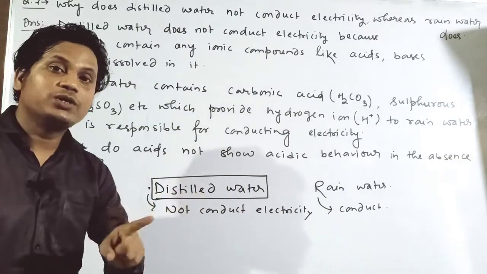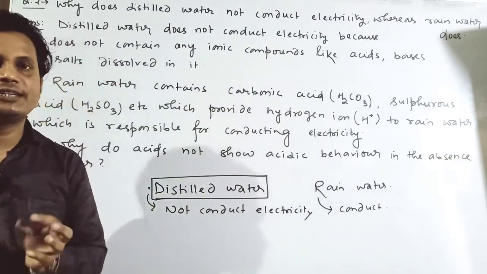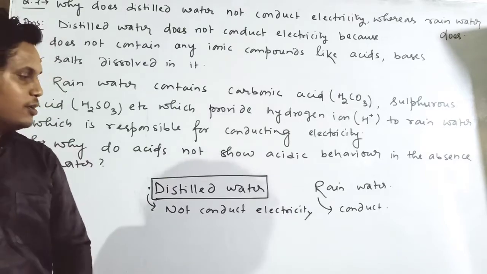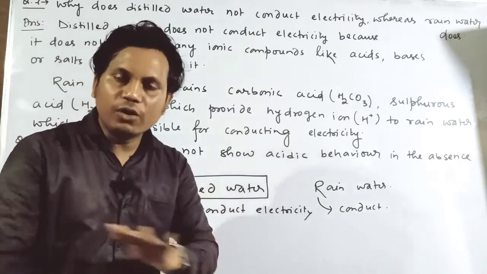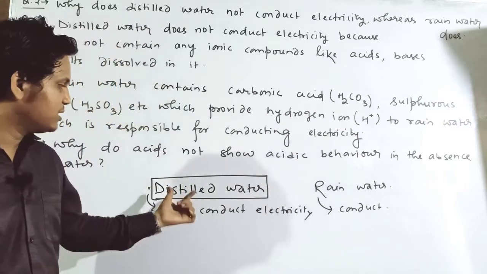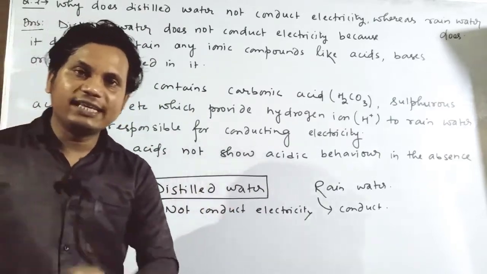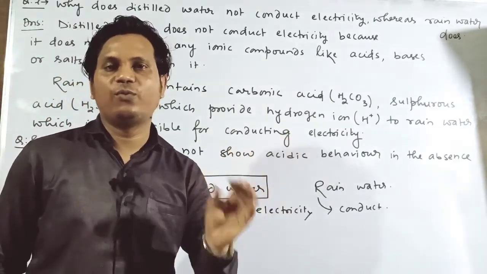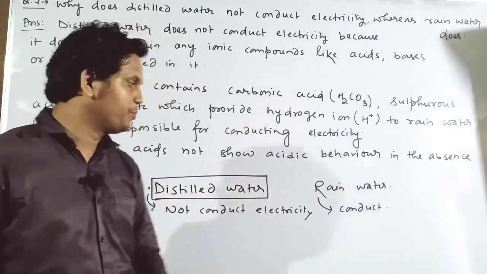Why? Because for conducting electricity ions are required. Distilled water does not contain any hydrogen ions, because it does not contain any acid, base or salt, because it is pure.